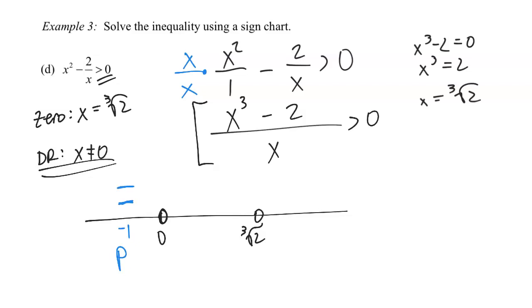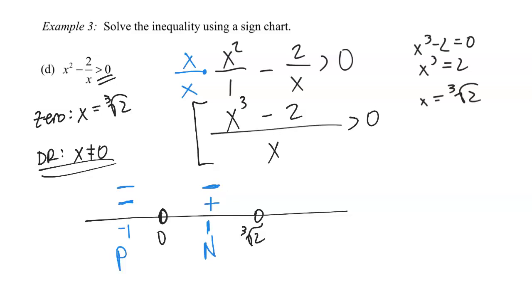In the middle, between 0 and cube root of 2, I don't exactly know what cube root of 2 is, but I know that it's bigger than cube root of 1, and cube root of 1 is 1, and so I can use 1 as a test number here. If I plug it into the numerator, 1 cubed minus 2 is negative, and the denominator is going to be positive, and a negative divided by a positive is negative.